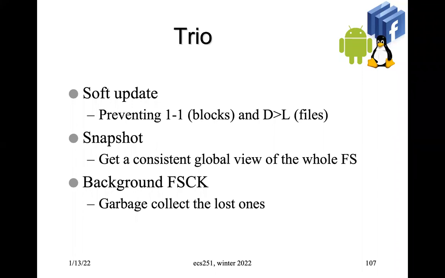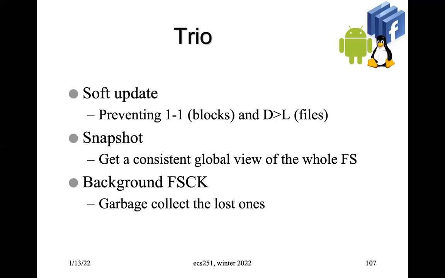The remaining issue is, how do I make sure the file system is still safe to use while you're running the background FSCK? Here's a property. Remember, we talked about file system consistency check: if we can make sure the block consistency doesn't have 1-1, and the file system and directory consistency doesn't have D greater than L, as long as I can prevent these two, my file system is safe to use.